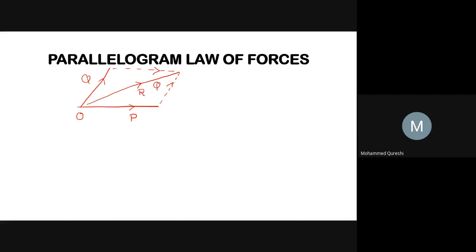Means diagonal represents the resultant force, and which passes through their point of intersection, means which passes through point of force P and force Q. So finally it states that if two forces, your P force and your Q force, acting simultaneously on a particle be represented in magnitude and direction by the two adjacent sides of the parallelogram, then their resultant may be represented in magnitude and direction by the diagonal of the parallelogram which passes through their point of intersection.